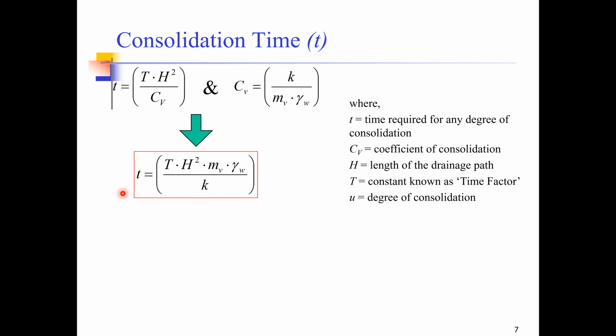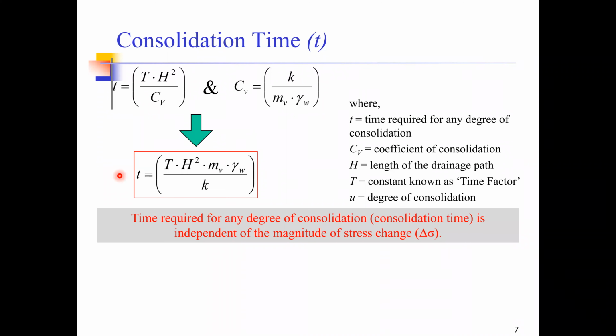A very interesting thing to observe from this equation is that we want to determine the time required for any degree of consolidation, and this consolidation time is independent of the magnitude of stress applied on the soil. You see, there is no variable representing the stress in this equation. It means that the consolidation time is independent of the applied stress.